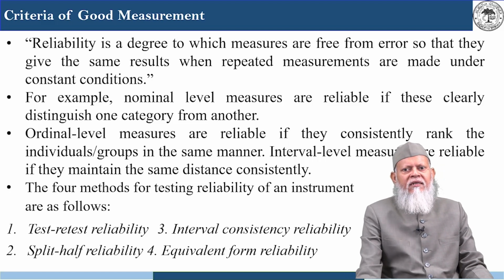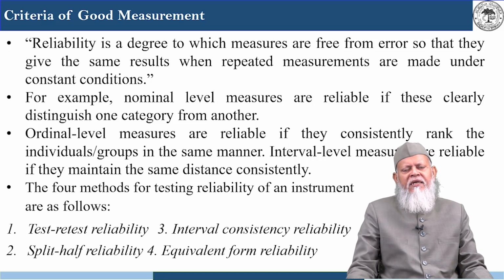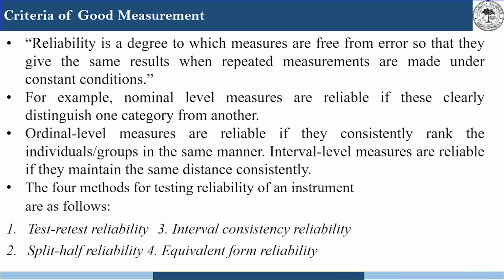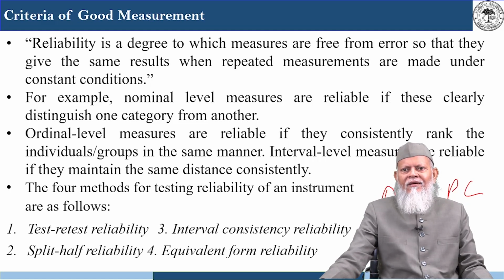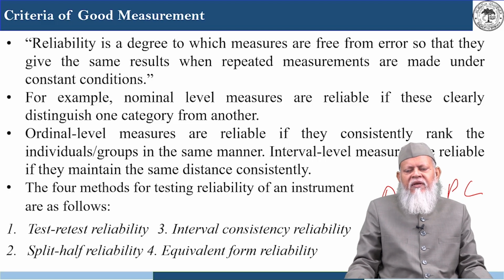That is what I told you, that if A is preferable to B, and B is preferable to C, then of course A is preferable to C. It cannot be that C is preferred to A. That is the consistency, that in an ordinal scale or ordinal measure, the ranking of the individuals or groups is in the same, consistent manner, where the rules of transitivity are observed.